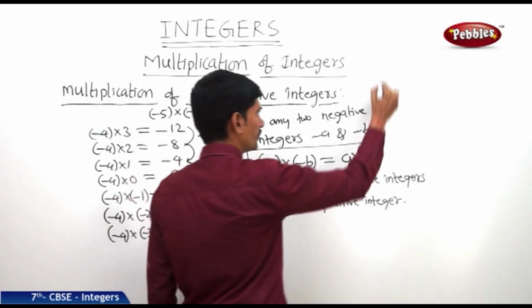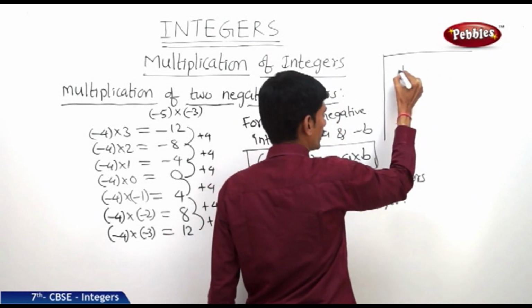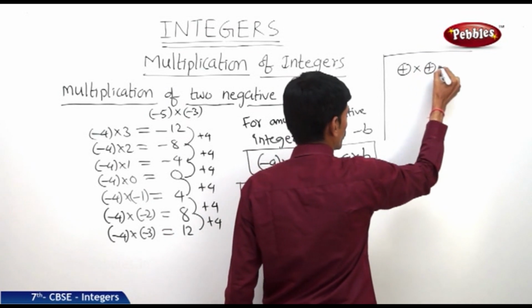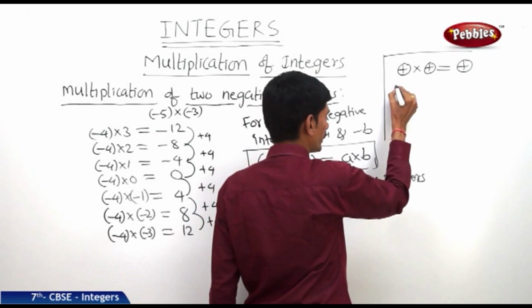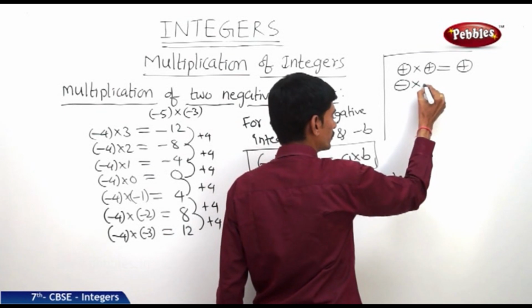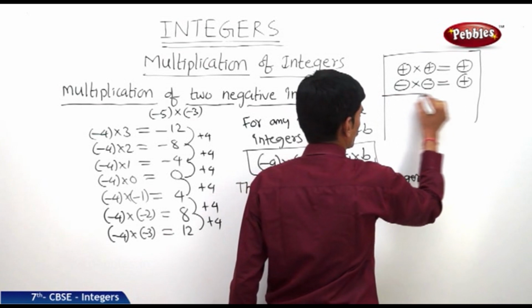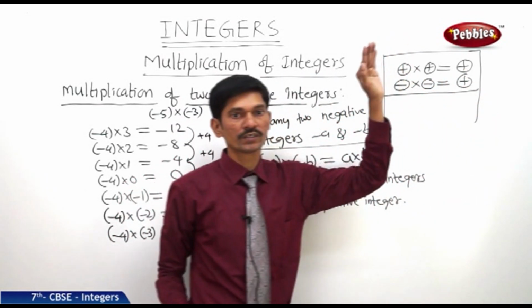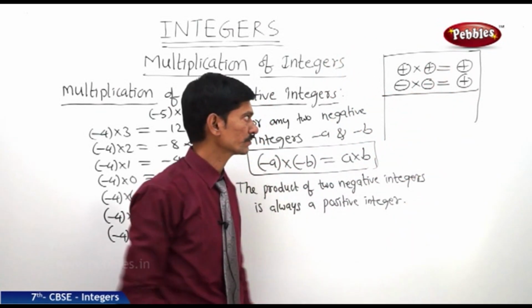So this can be stated as: the product of any two positive integers, plus into plus, equals again a positive integer, and the product of any two negative integers is also a positive integer.